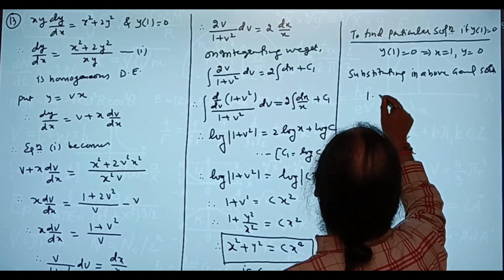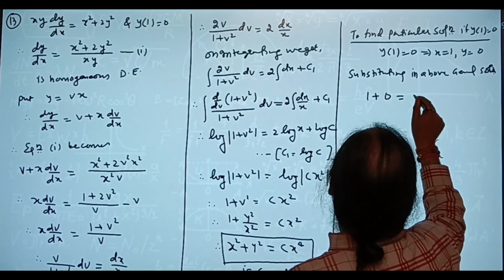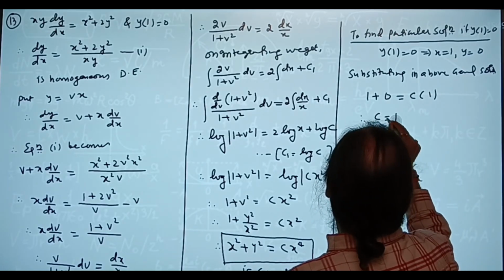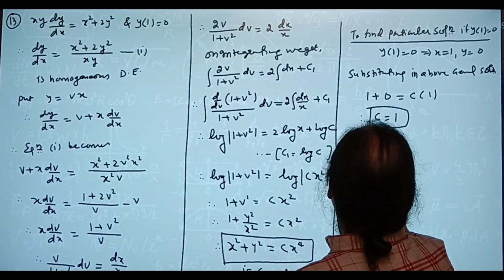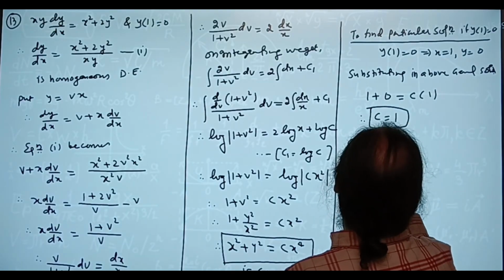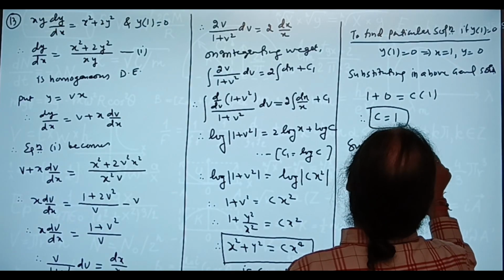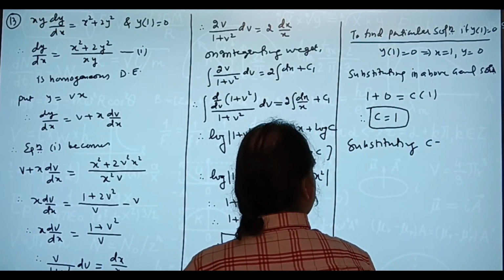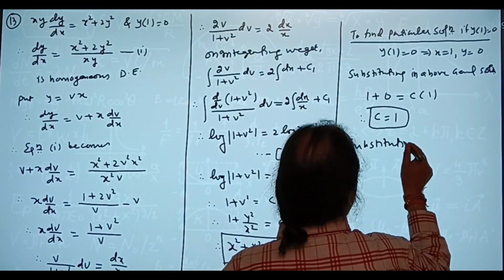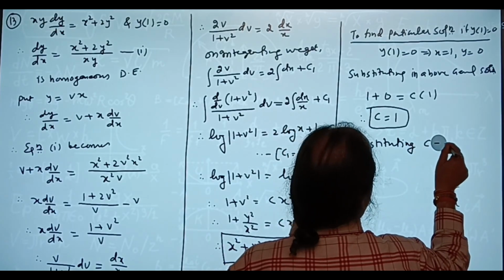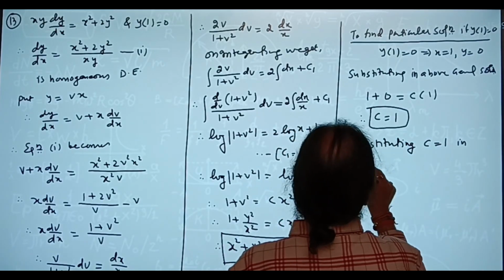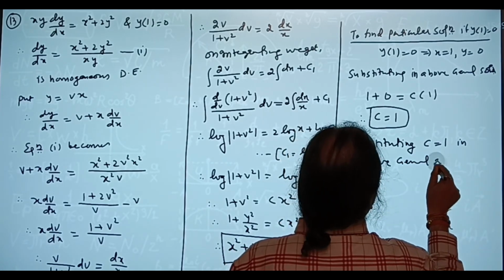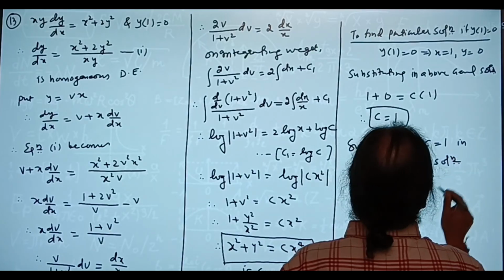1 plus 0 is C into 1. Substituting C is equal to 1 in above general solution.